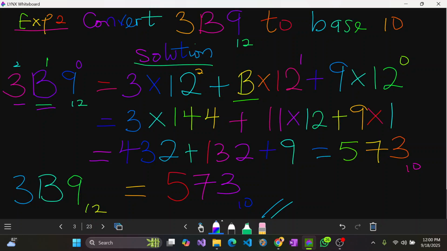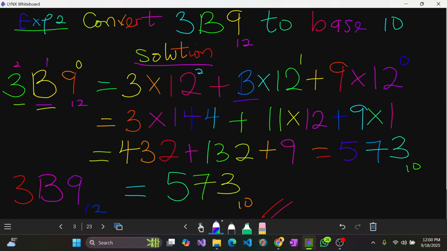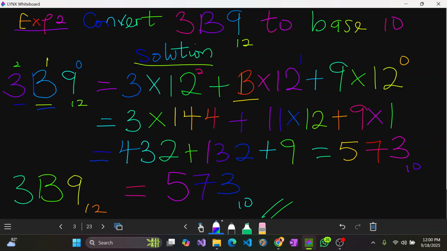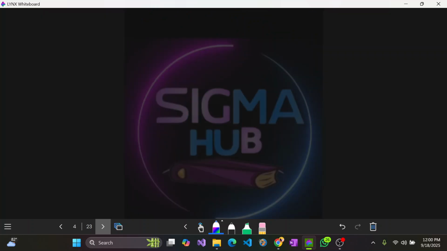So don't forget, this is the first method, which is the expansion method. Now we are going to be looking at the second method, which is the repeated multiplication method, so that you get used to both methods like I told you.